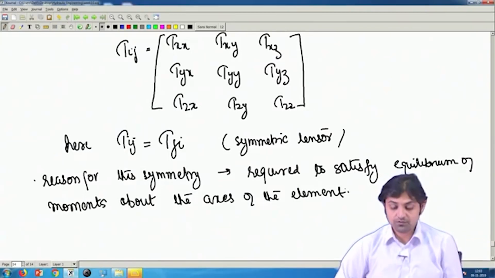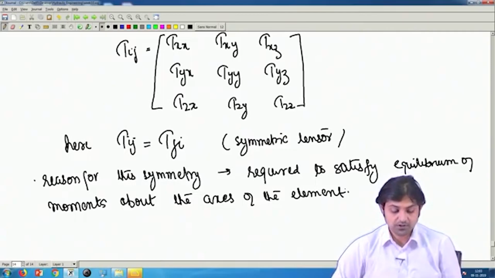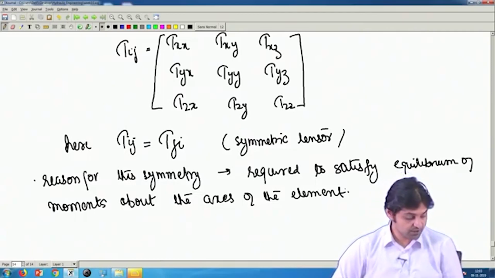So the symmetry is required to satisfy the equilibrium of moments about the axis of the elements.